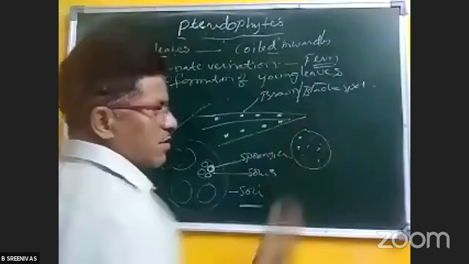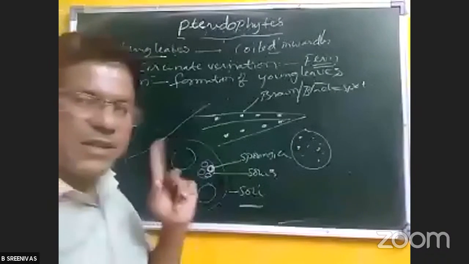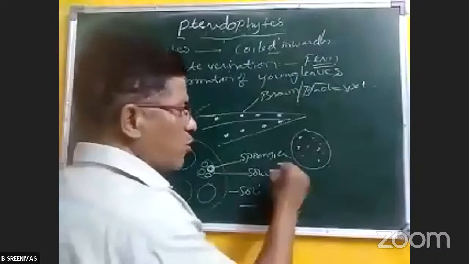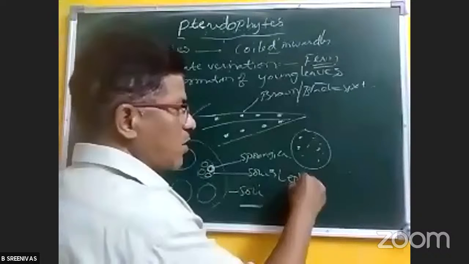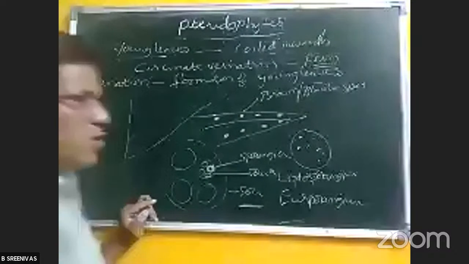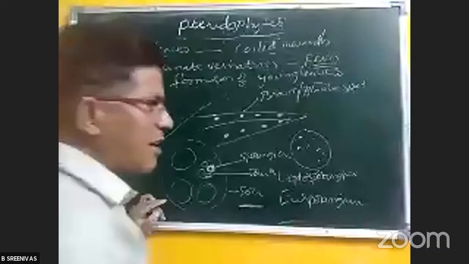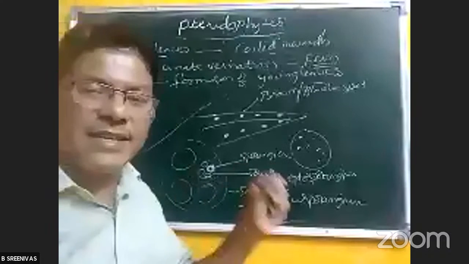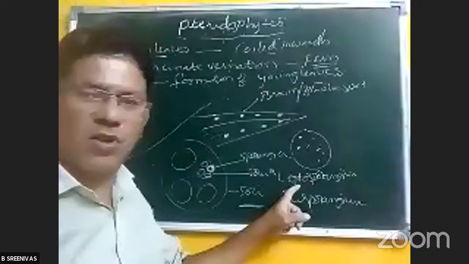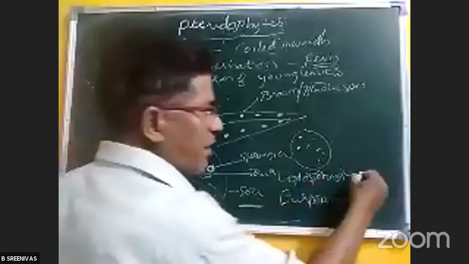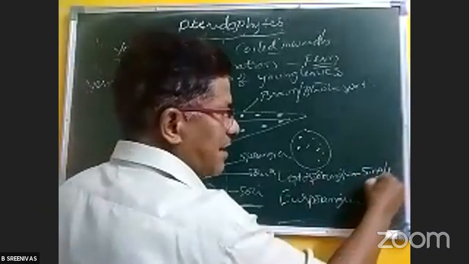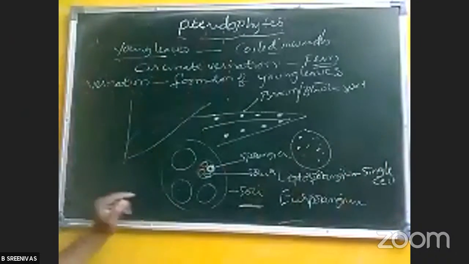Sporangia develop in two methods. What are they? Leptosporangium and eusporangium. If the sporangium develops from a single cell, it is called leptosporangium. Able to understand? So development of a sporangium from a single cell is called leptosporangium.